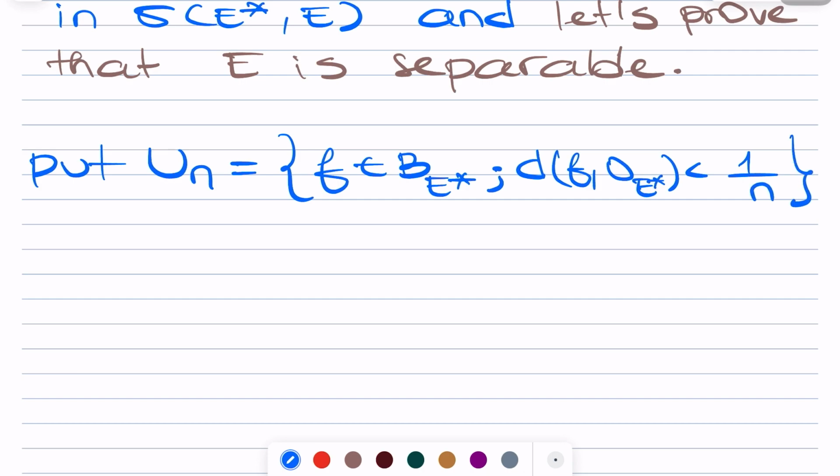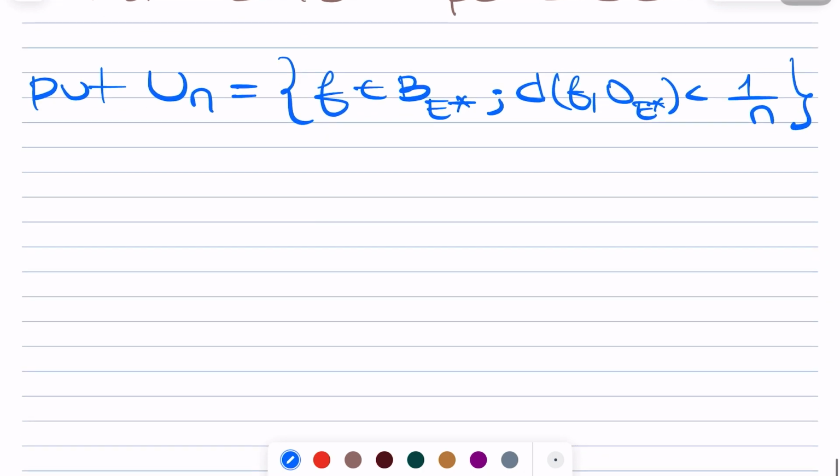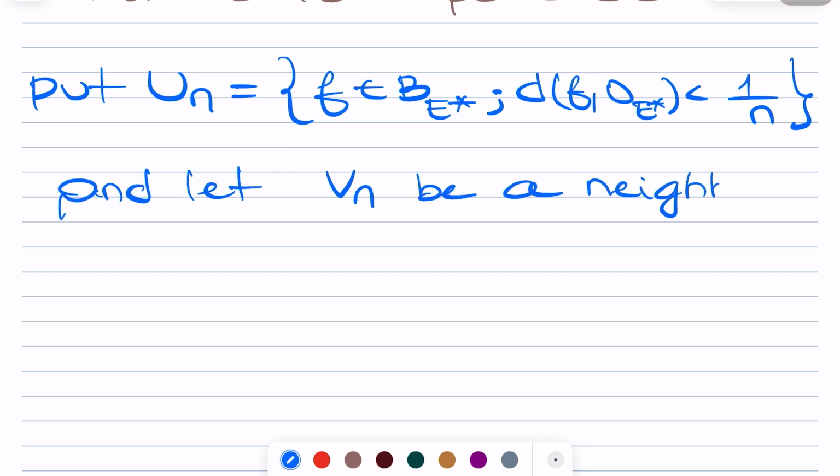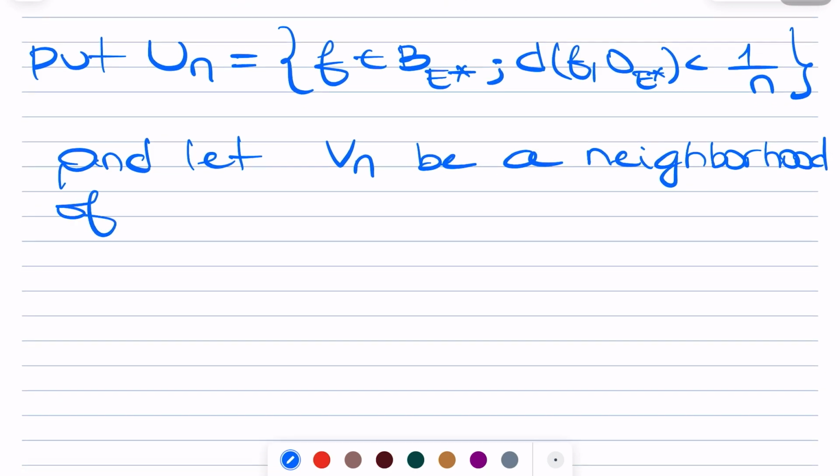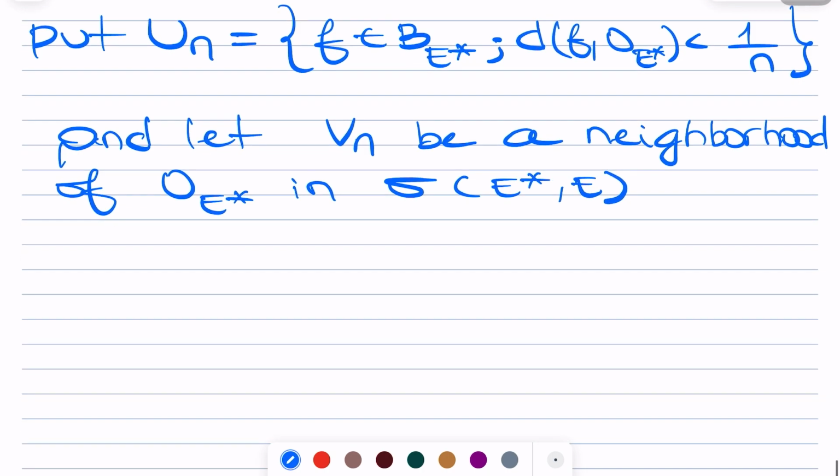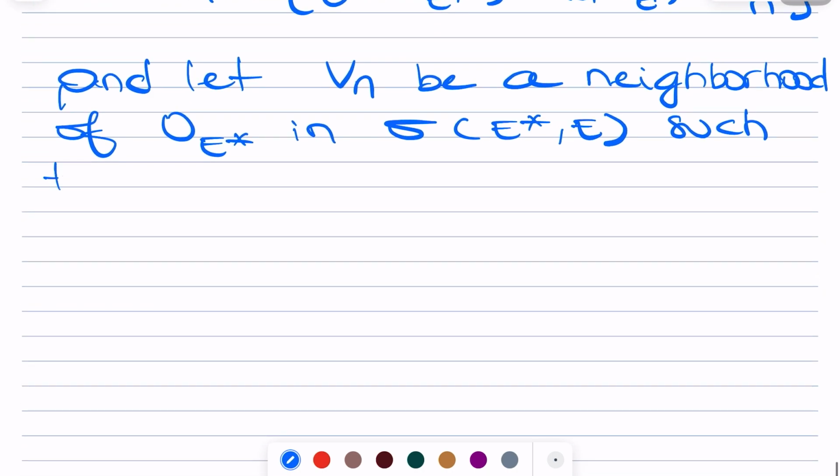So n greater or equal than 1, of course. And let Vn be a neighborhood of the origin in the weak star topology sigma(E star, E) such that Vn is contained in Un.